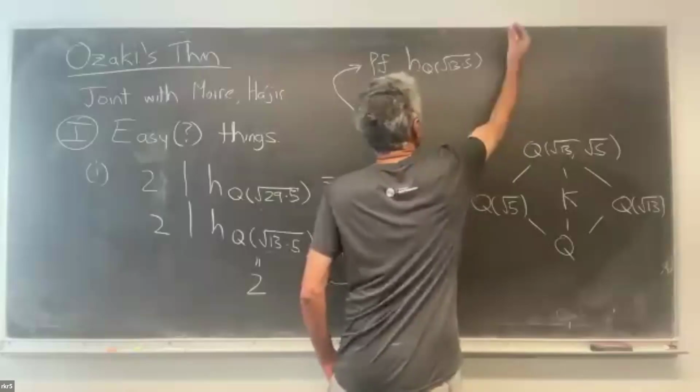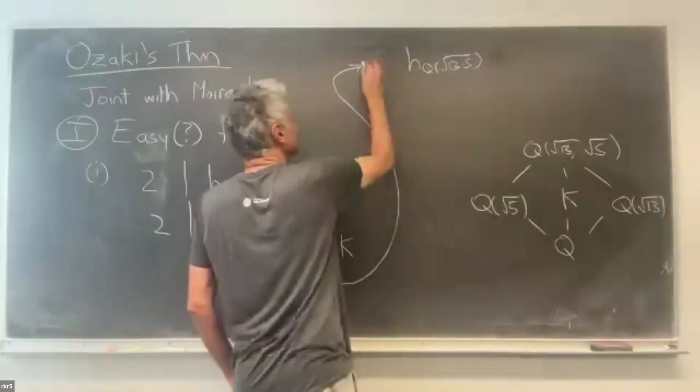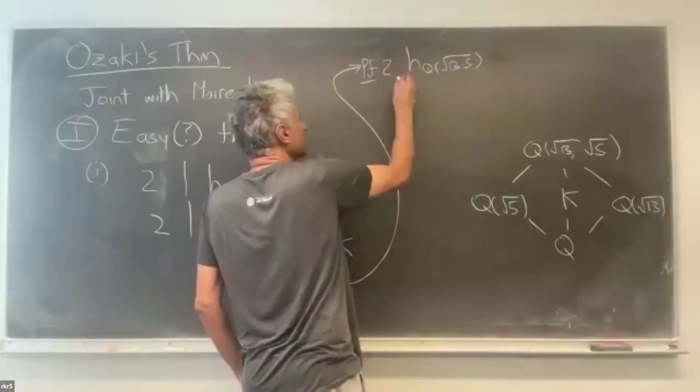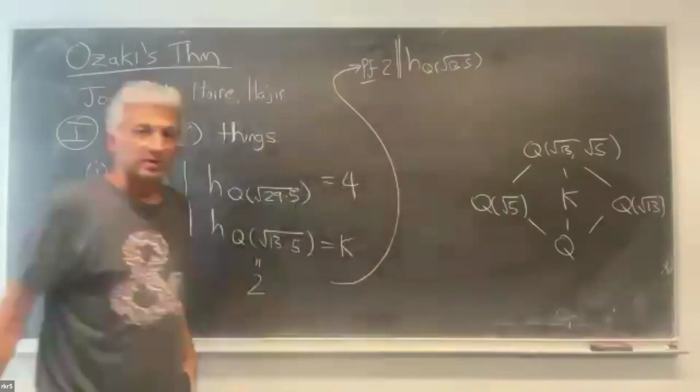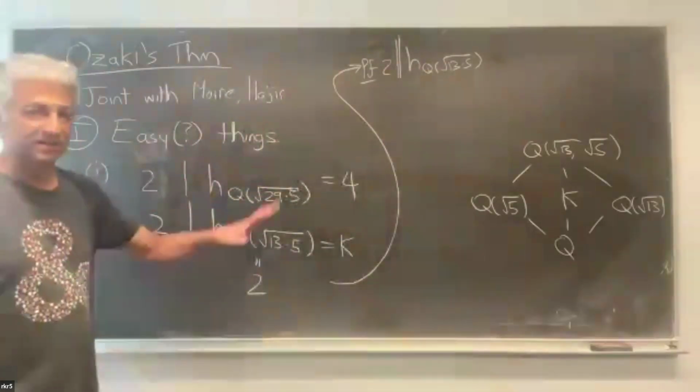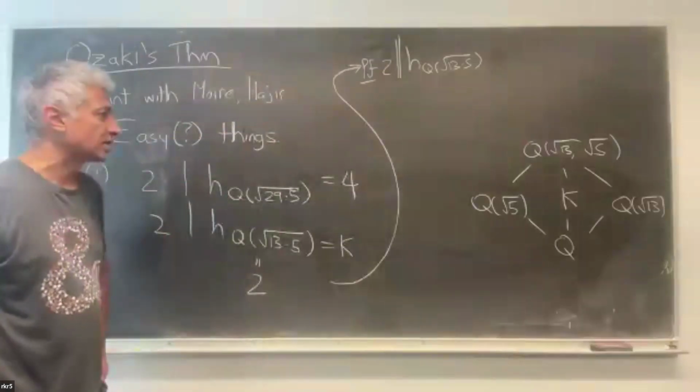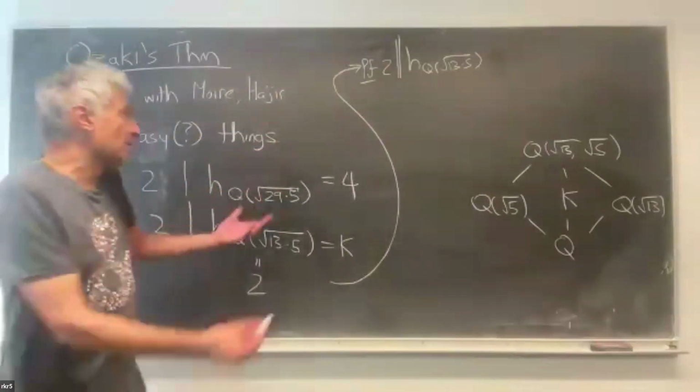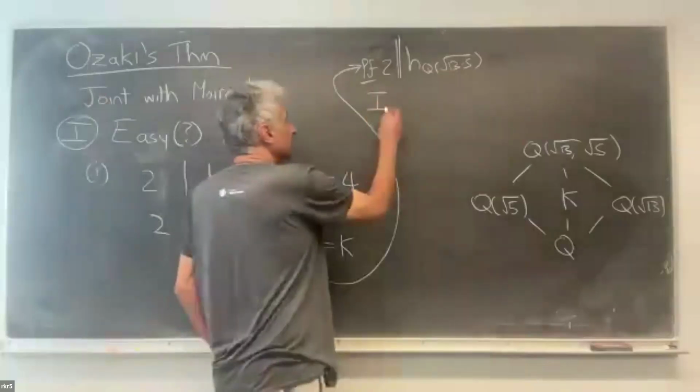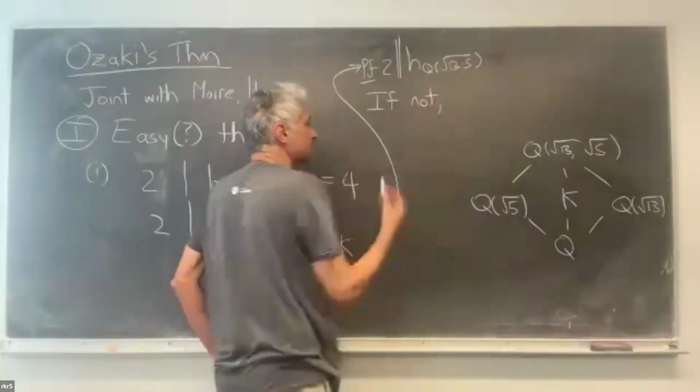Well, I'm not going to prove it's 2. I'm only going to be studying the 2 part of it, so I'm going to prove that 2 is the highest power that divides it. And the idea is you suppose not. I'm going to skip some steps here.